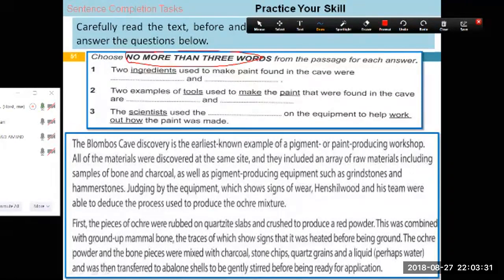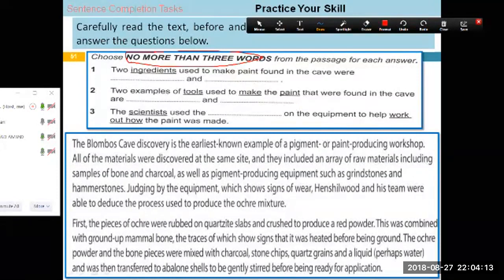Grindstone and hammerstone. Okay, so what about number one now? Sir, can I ask you a question in this? Just a minute, let me conclude these two questions and then Amjad, please. Right, doctor, what is your answer? Charcoal and grindstones. Okay, Amjad, what is your answer? The tools said here are grindstones and hammerstones only.